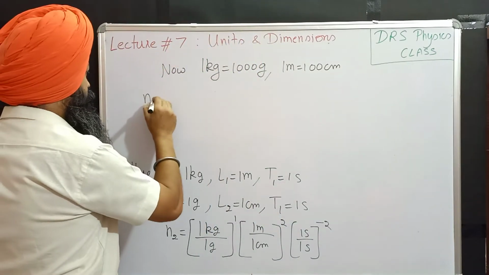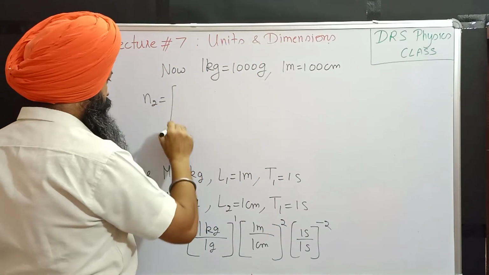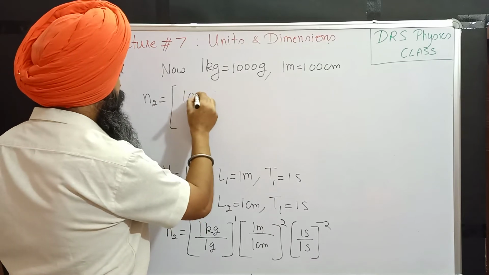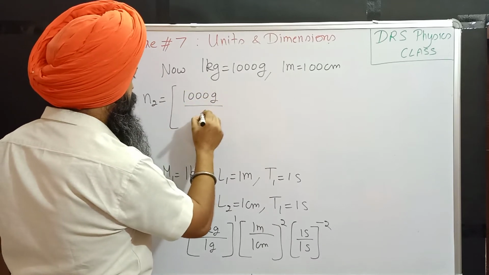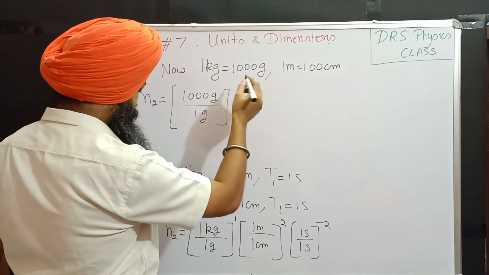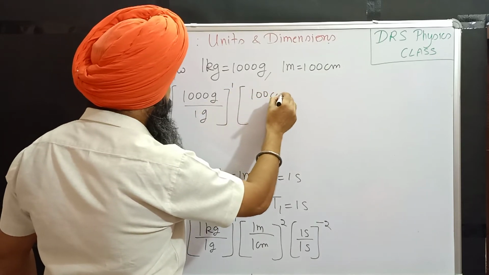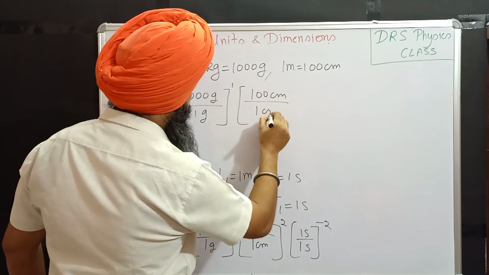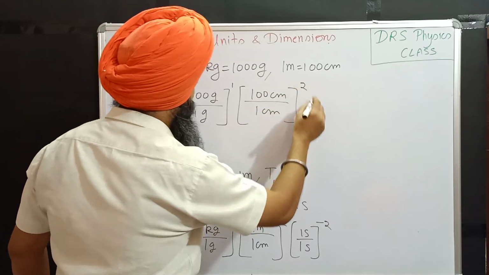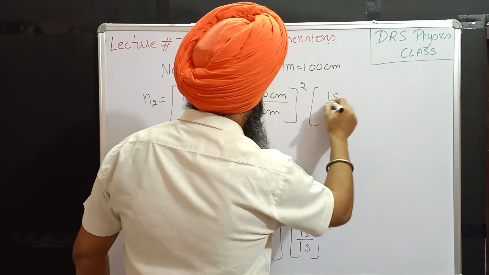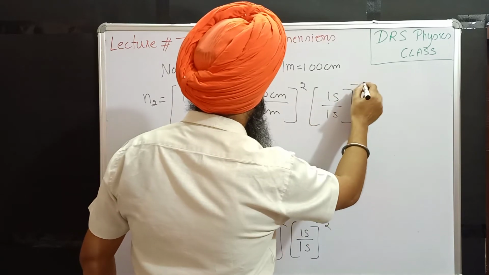So N2 is equal to 1000 gram upon 1 gram power 1, 100 centimeter upon 1 centimeter power 2, 1 second upon 1 second power minus 2.